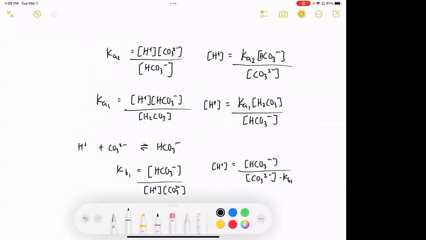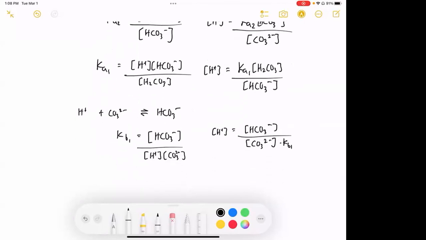So I think they solve for this because KB1 is actually just equal to KW over KA2, because the opposite of this is KA2, right?